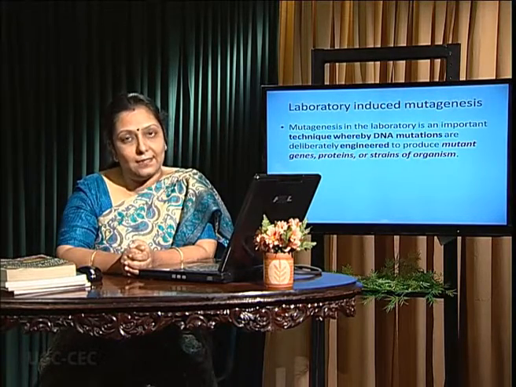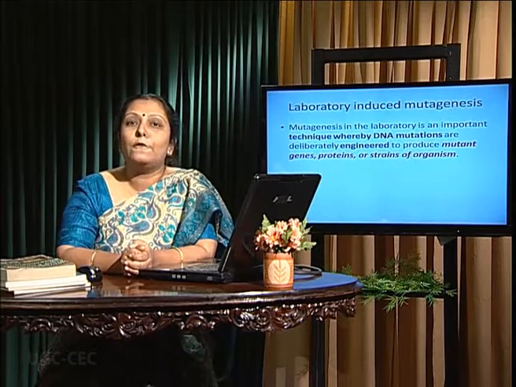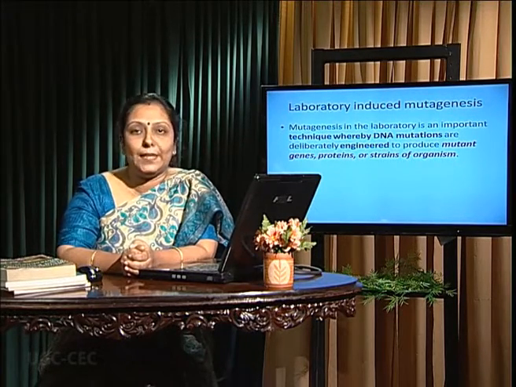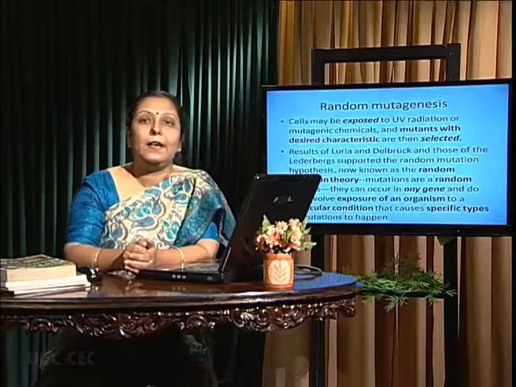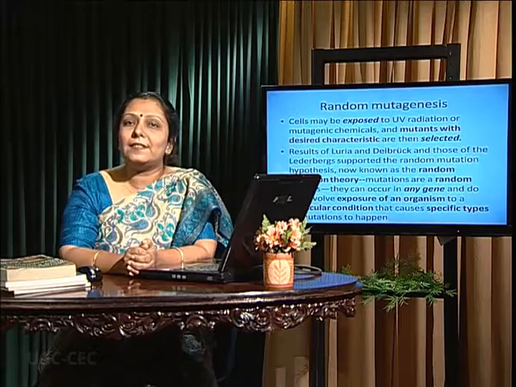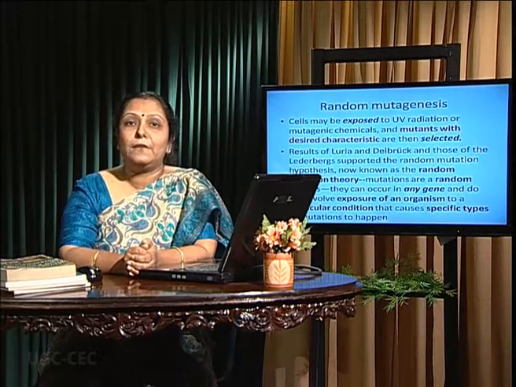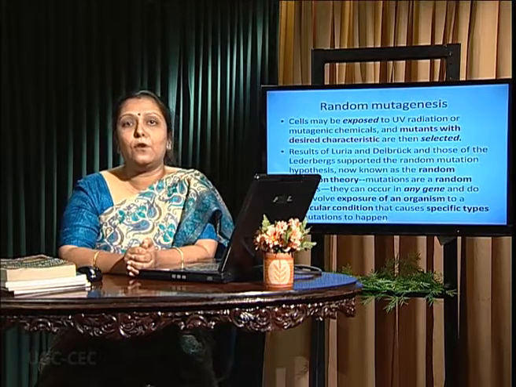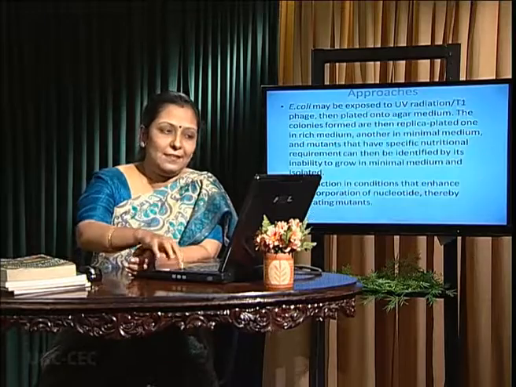Laboratory-induced mutagenesis can be done with recombinant DNA engineering to produce different types of genes as well as proteins. Random mutagenesis gives the change or selection of heritable traits that can happen in any gene, with respect to or not the environmental change, any type of mutations.